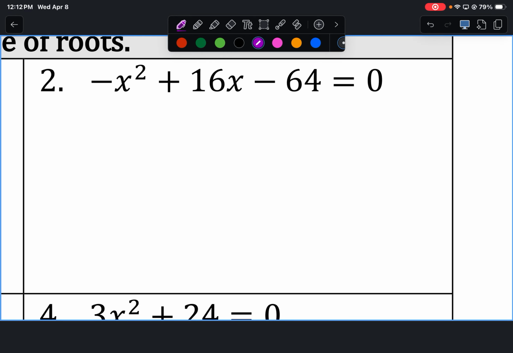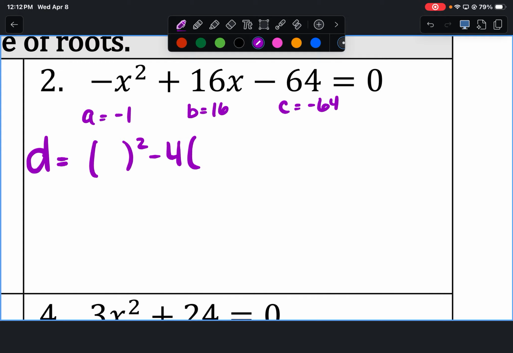Because of that, solving by graphing is not very practical. On this test, we're not going to have to solve any by graphing. We already did a lot of graphing on our Unit 8 test, so I'm not really that worried about it on this test. So graphing is not really practical.